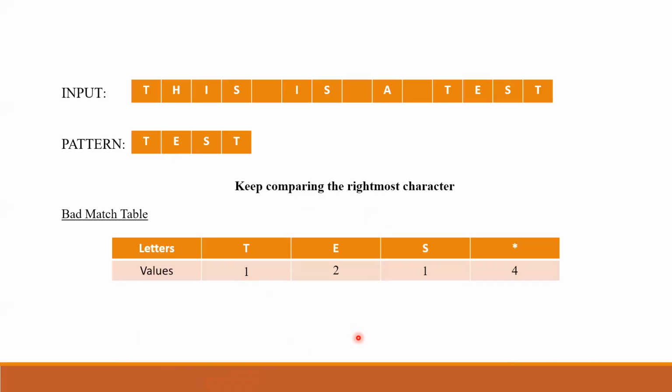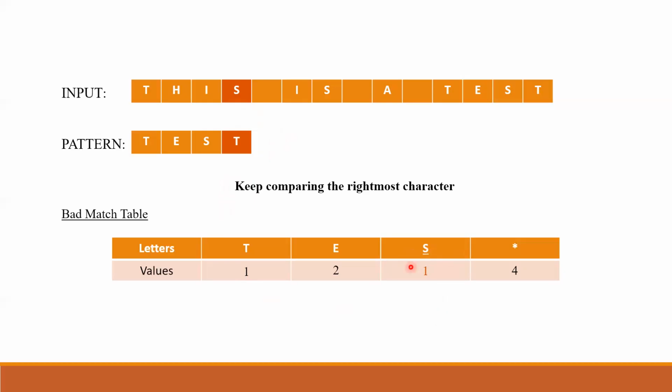Now, when we run the algorithm, we compare the rightmost character of the pattern with the corresponding input text. For that, we look into the bad match table to decide the number of shifts. So we compare the rightmost character. S is not equal to T, but what's important is that this character S is present in the bad match table.